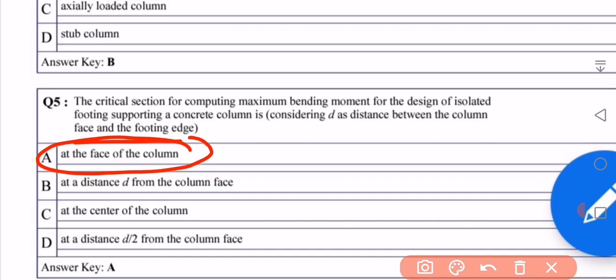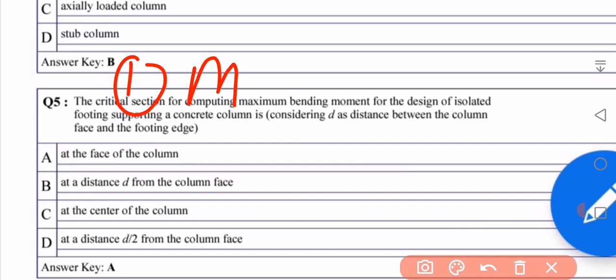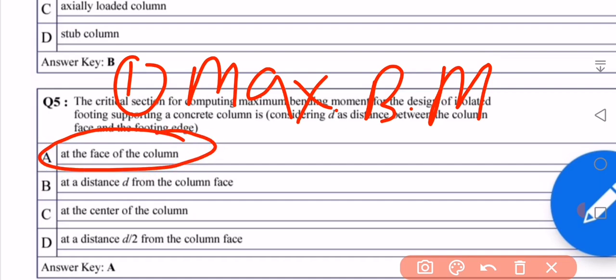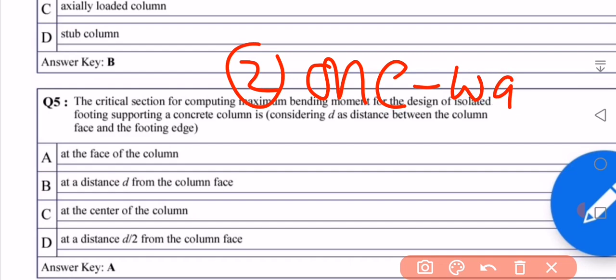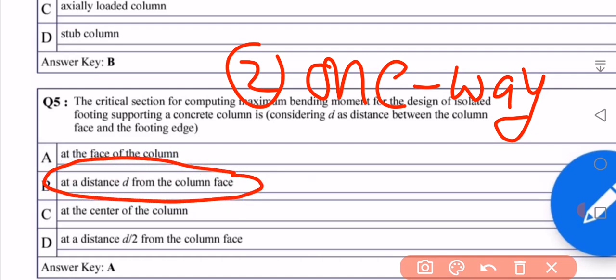Always remember the three conditions of the critical section. First of all, for the maximum bending moment case, the critical section will be at the face of the column. Second, for one way shear, the critical section will be at a distance d from the face of the column.